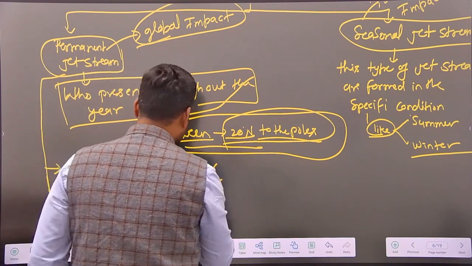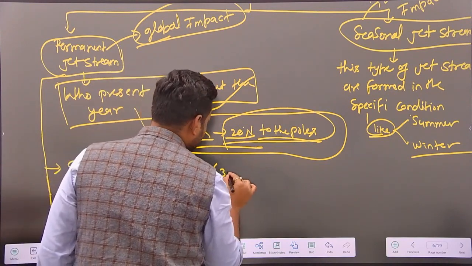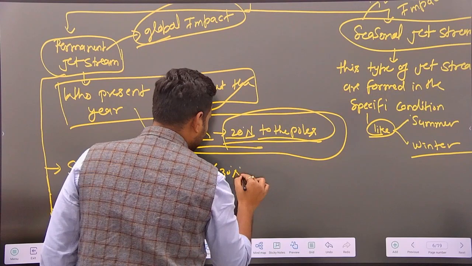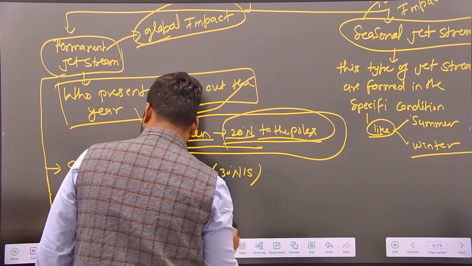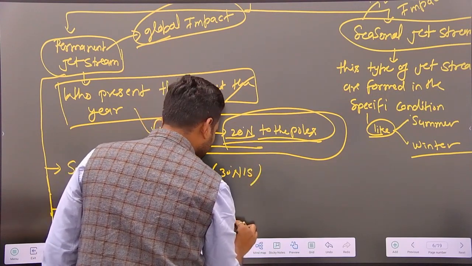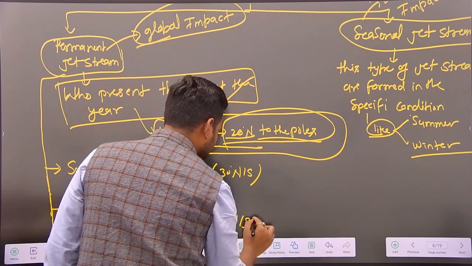The subtropical jet stream is at 30 degrees north as well as south, and the subpolar is at 60 degrees north as well as south.